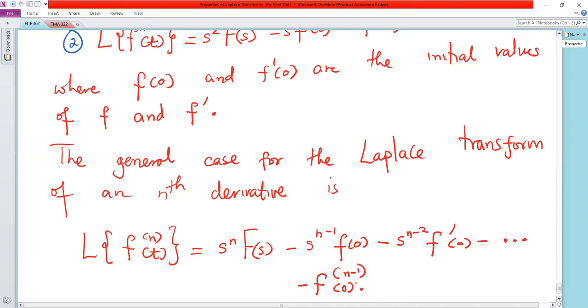So that's what we can call formula 3. This is the general formula for finding the Laplace transform of an nth derivative of function f of t.